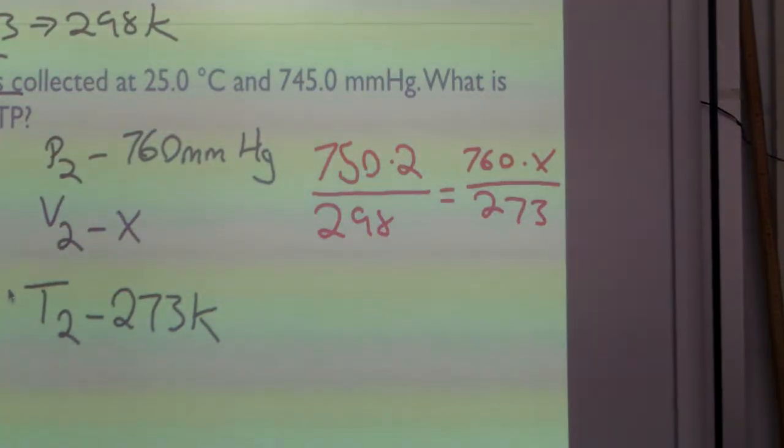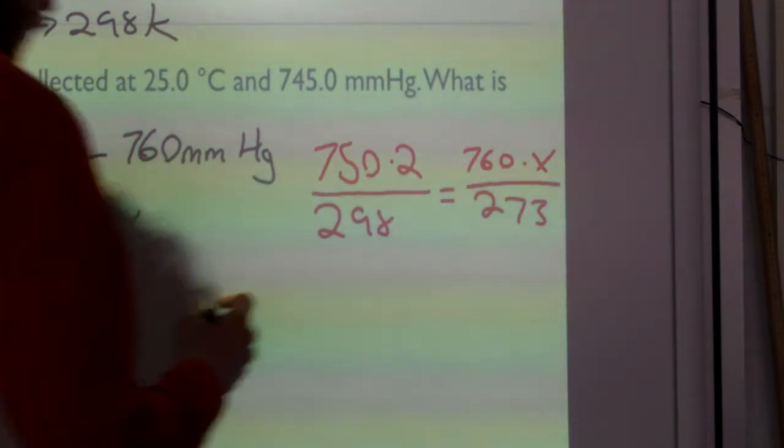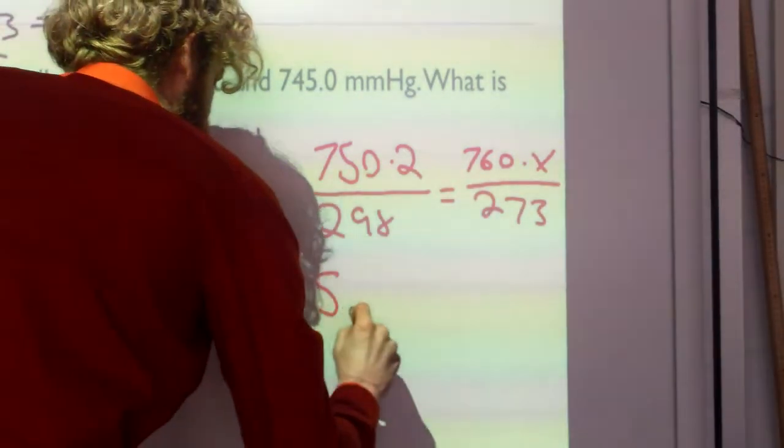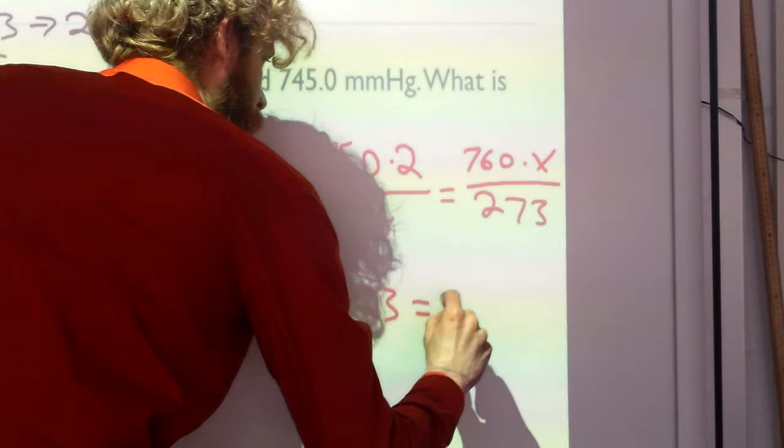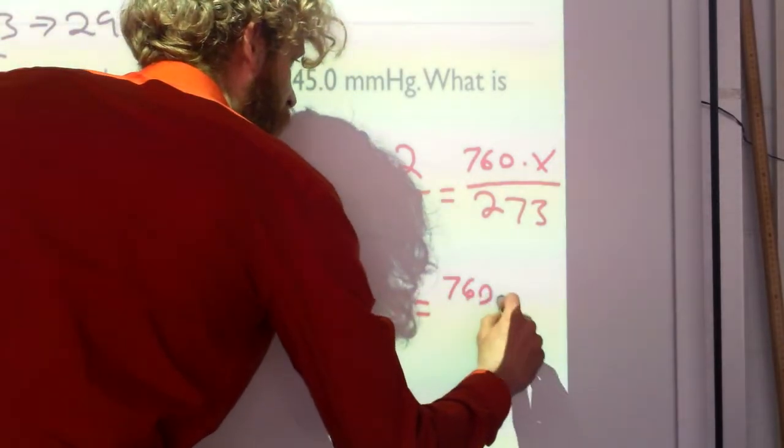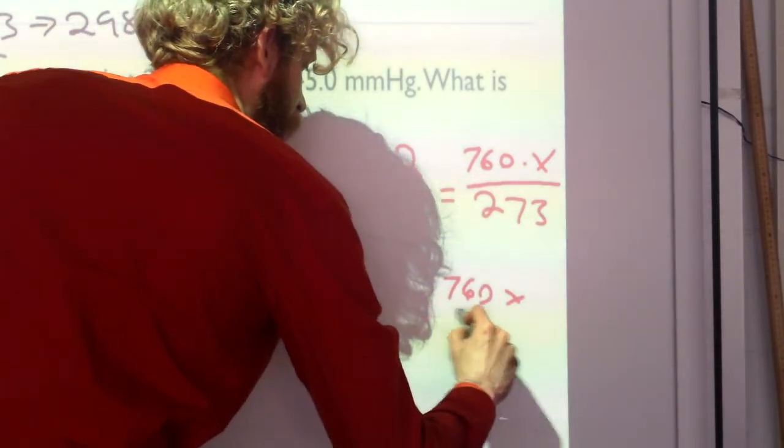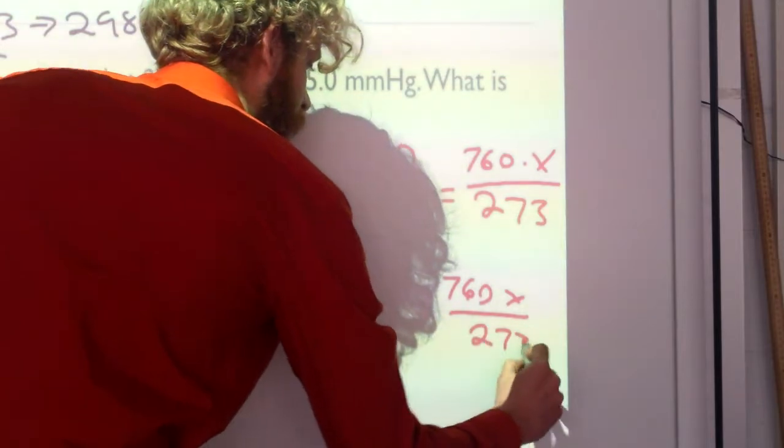Now we just plug it into the calculator and solve for X. So 745 times 2 divided by 298 gives us 5.00 equals 760 X divided by 273.